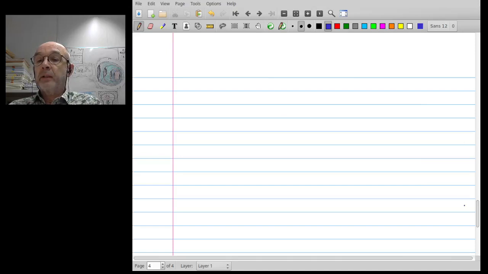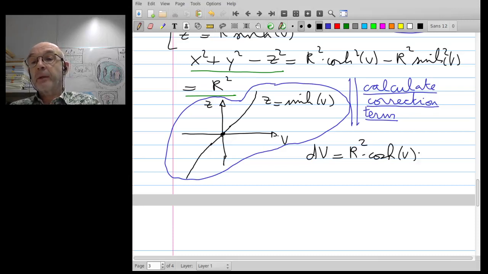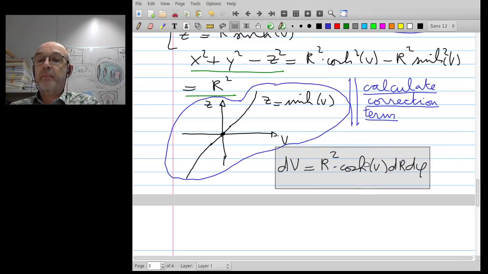Now, the correction term of this will be the following. You will get that the dV becomes equal to r squared times the cosine hyperbolic of v, dr d phi dv.